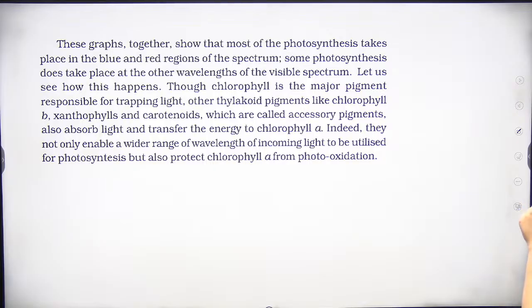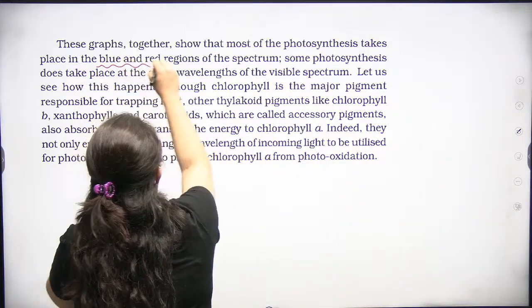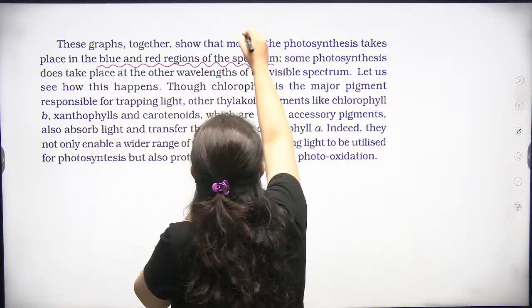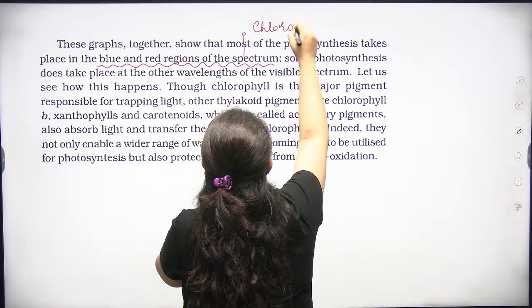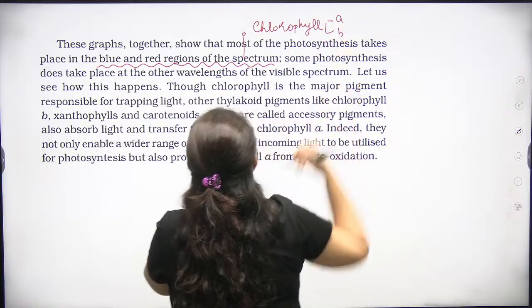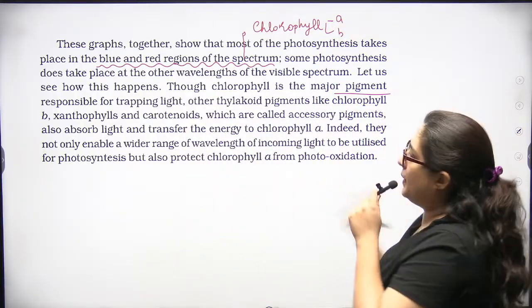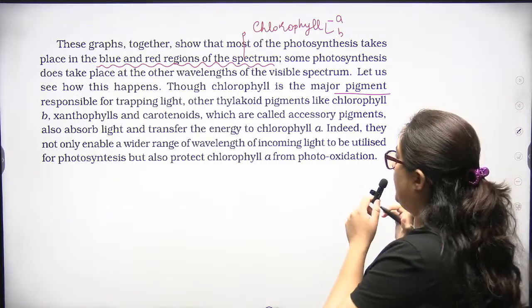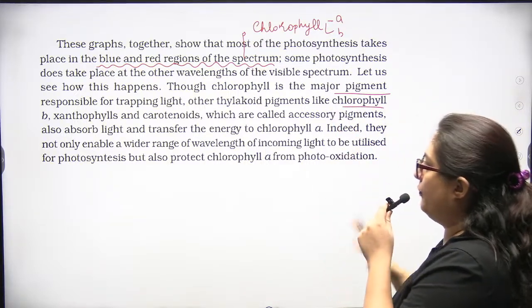These graphs together show that most of the photosynthesis takes place in the blue and red regions of the spectrum. That is chlorophyll a and b.